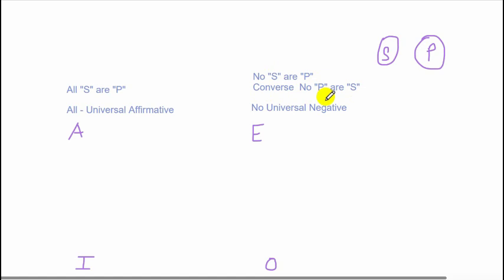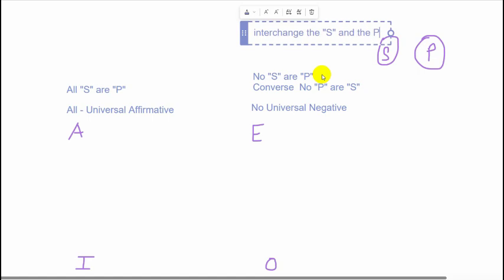So there are two rules in this. The first rule for the E conversion is to interchange the subject and the predicate.